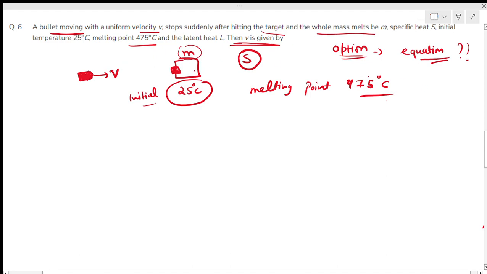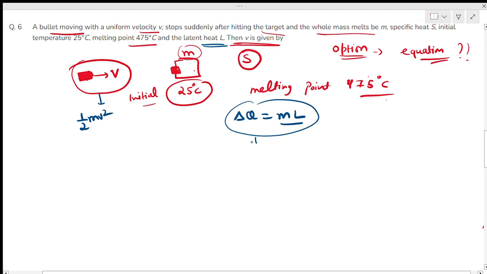So what will happen: it is moving with velocity v, so it must have kinetic energy half mv square. The whole kinetic energy is used for melting that substance, and for melting, delta Q is equal to mL. Latent heat is given as L.